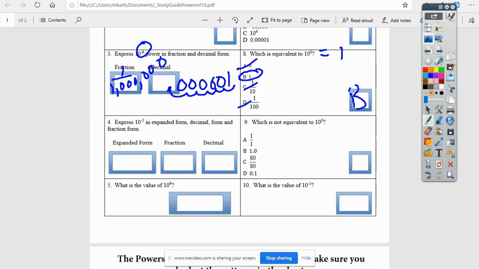Express 10 to the negative fifth in expanded form, decimal form, and fraction form. As expanded form, I have to do it as a fraction: 1/10 times 1/10 times 1/10 times 1/10 times 1/10. I've got to do it 5 times. That's the expanded form. You're expanding it. As a fraction, I know I'm going to have to add 5 zeros: 1, 2, 3, 4, 5.